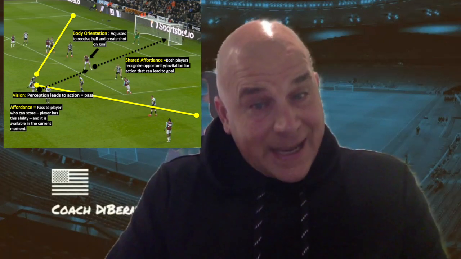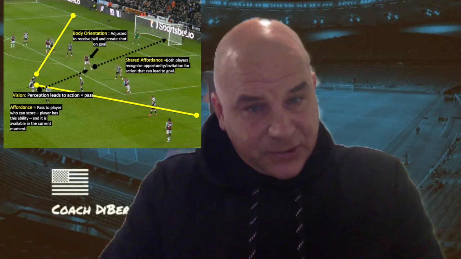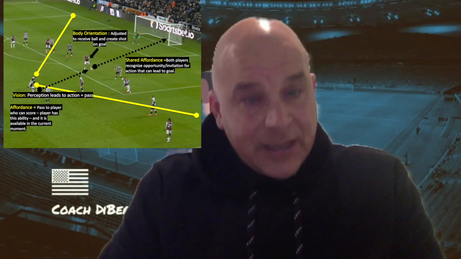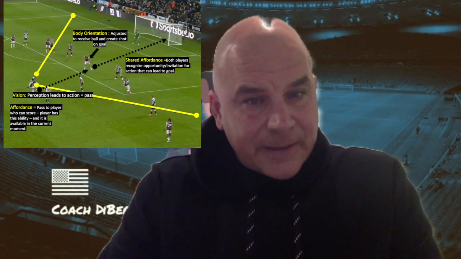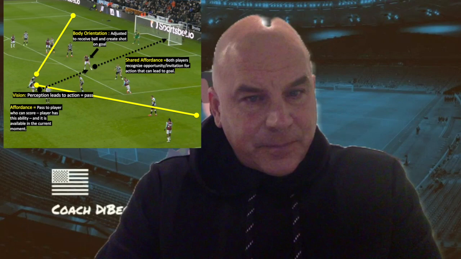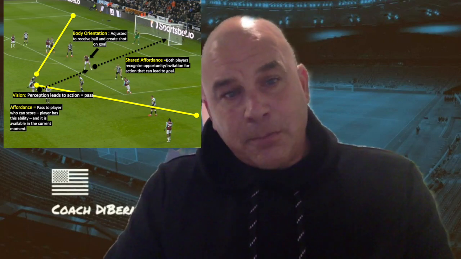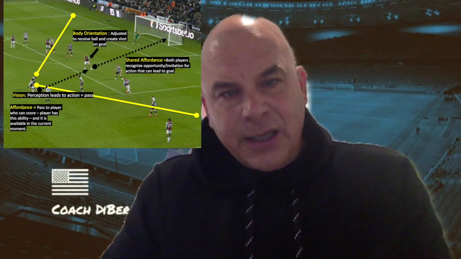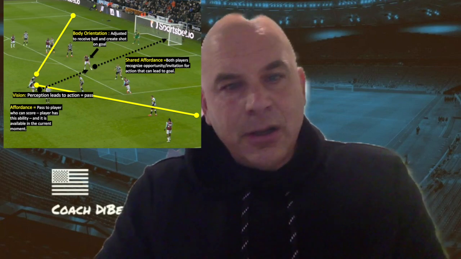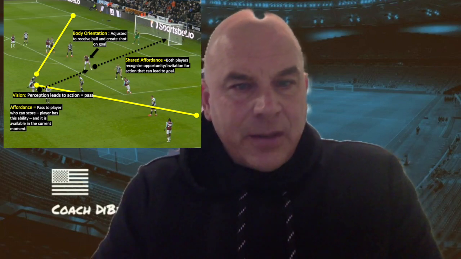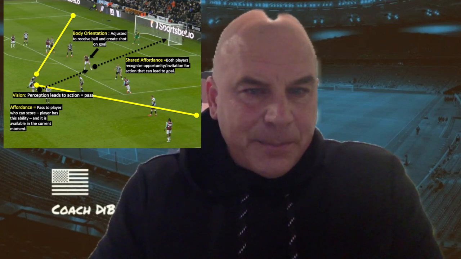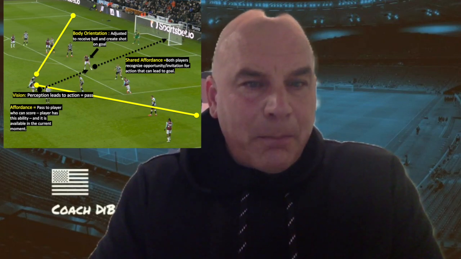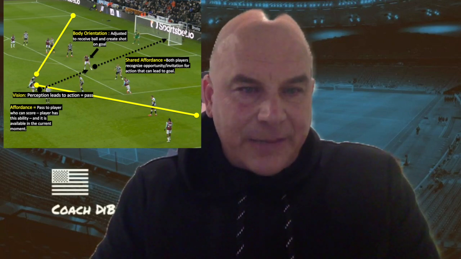Inside that visual perception, the player will attune, meaning they will focus on the important information. Information that's important right now is the location of the teammate. Notice the teammate is on sides, in between defenders, with a body orientation which is side on.